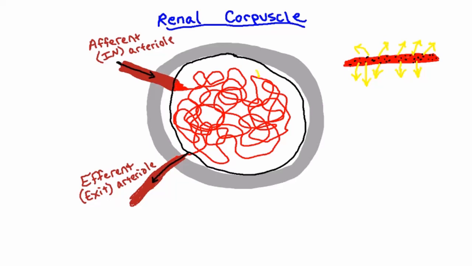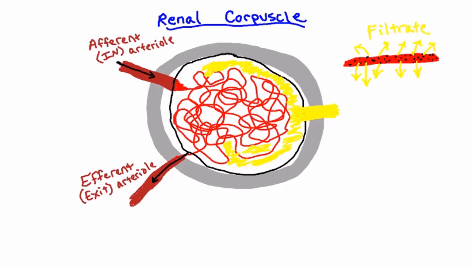And that comes out and into the Bowman's capsule, which is why the Bowman's capsule is there as a hollow sphere, because it collects all of this liquid that the capillaries are squeezing out, all of this waste liquid. And that is called filtrate, all of this waste liquid that got squeezed out of the capillaries. So I'm going to put up here filtrate. And then the filtrate exits out the other side, while the blood supply exits out the efferent arteriole.